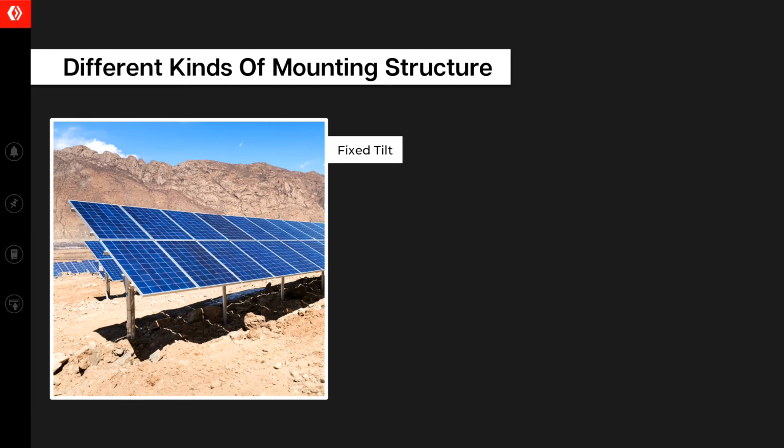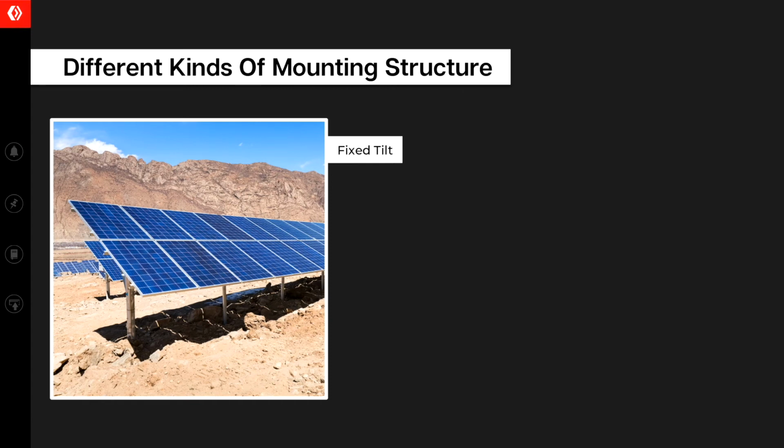This structure involves a column which is anchored into the ground and the modules are placed on top of it. This is one of the most widely used structures for utility scale projects. And as far as cost is concerned, they are quite economical when used for utility scale projects.